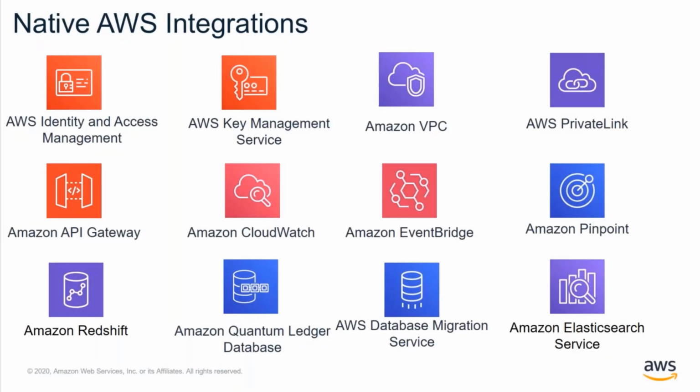All right, so when we talk about integrations, things that are important for you to build enterprise-grade applications so that you have the right set of controls, the right set of security requirements. And we have integrations with things like Identity and Access Management, Key Management Service, Amazon VPC, and PrivateLink for you to build these stream processing applications, a streaming platform essentially, with the right set of security requirements that your enterprise might have. We also have integrations with a wide variety of services like API Gateway, EventBridge, and Pinpoint.